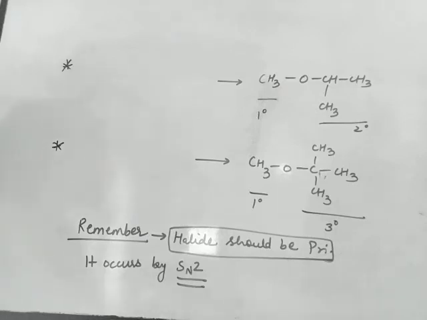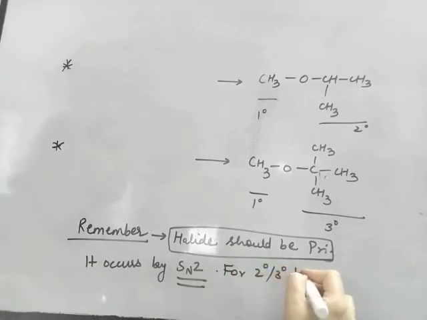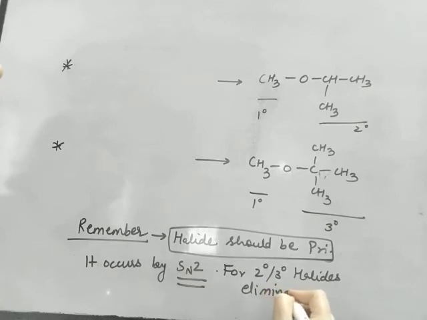And suppose you take secondary or tertiary halides, what will happen? For secondary or tertiary halides, elimination reaction is preferred. So if you take any secondary or tertiary halide, elimination reaction will occur and instead of your ether, alkenes will be obtained.